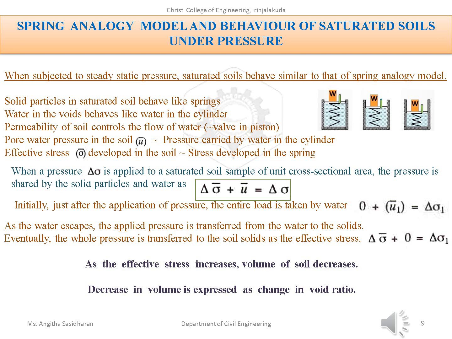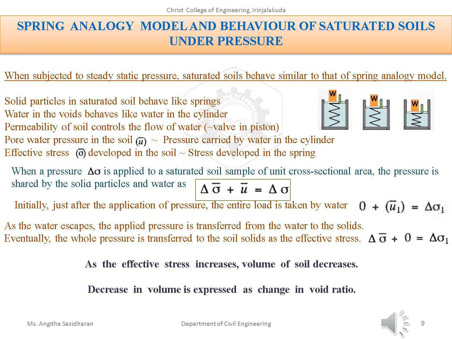In the spring analogy model we are applying loads like 1 Newton, 2 Newton. If you compare it with the soil mass in a real case, then you are giving a pressure delta sigma to a saturated soil sample of uniform cross-sectional area.